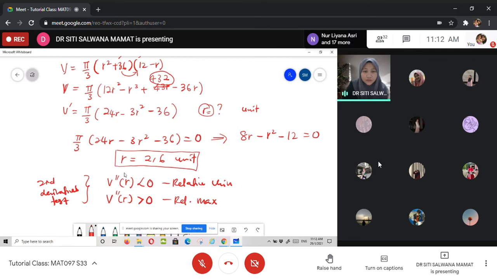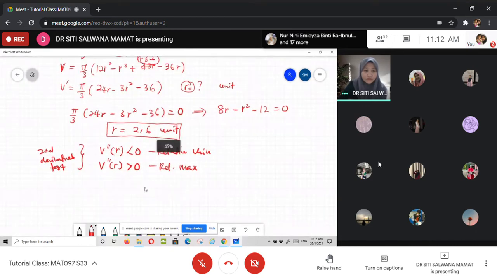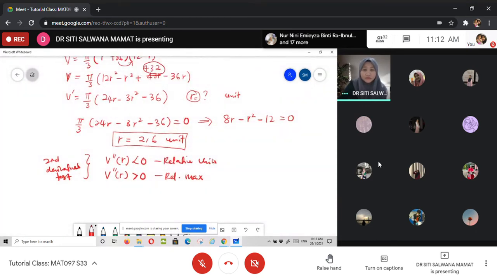Okay, so you have our R as 2 and 6. Then you substitute into your second derivative. This is to prove which R, either 2 or 6, is the maximum or minimum. So now we do V double prime. So the second derivative, what do we get here, class? Actually I have pi over 3. So this part, what do I get?